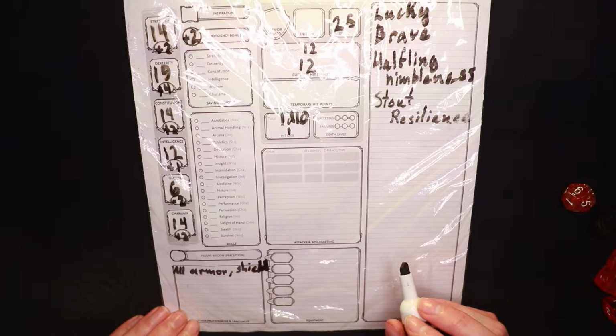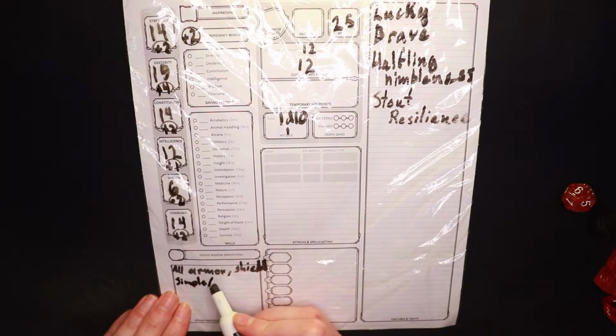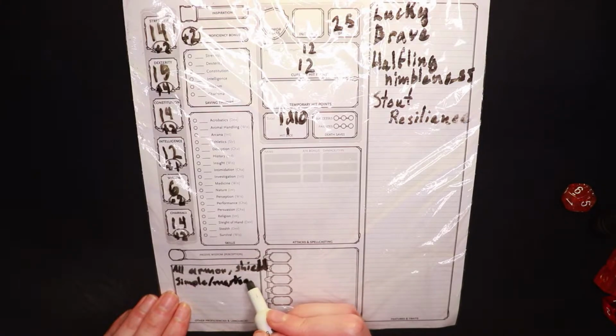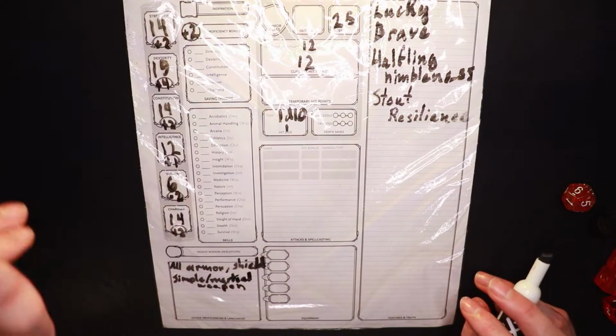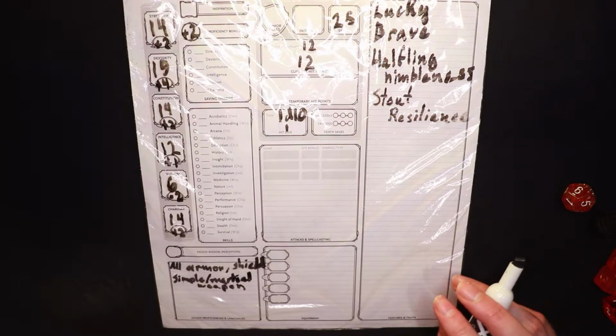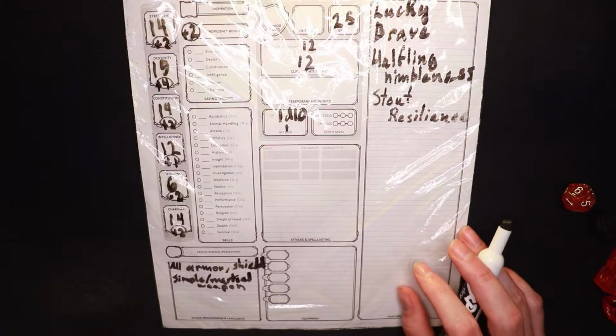For the weapons, we have simple weapons and martial weapons. As a fighter, you know how to use pretty much anything you want in a fight. That's your thing. You're good at fighting.